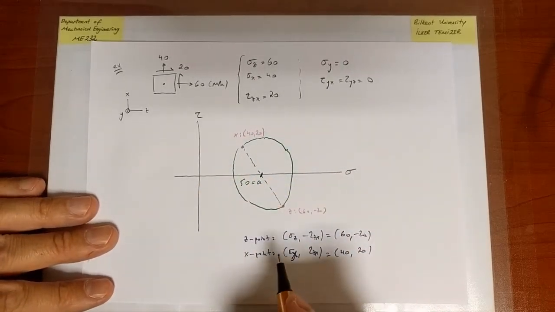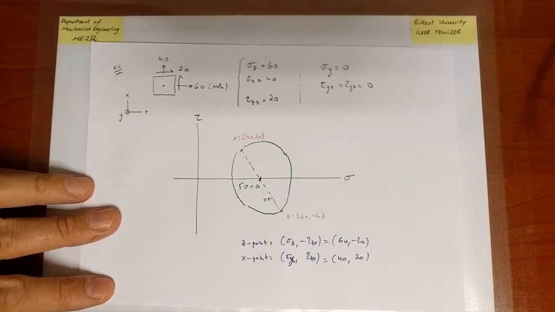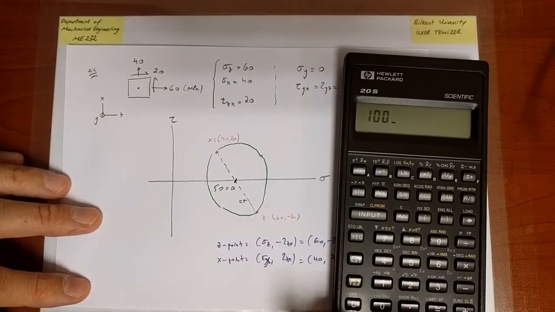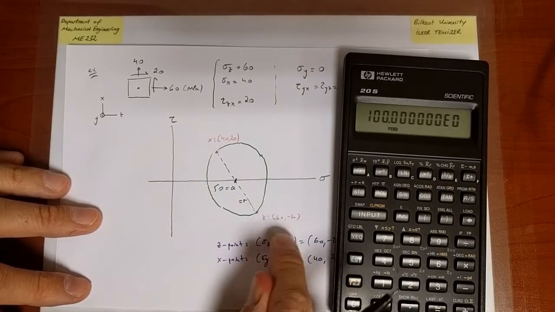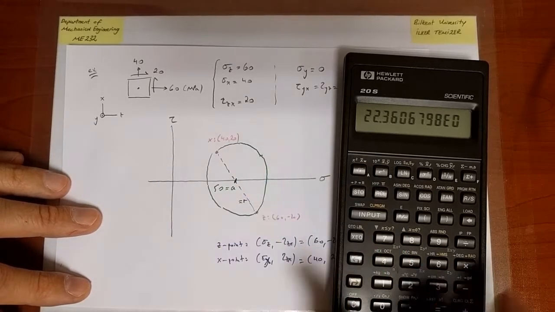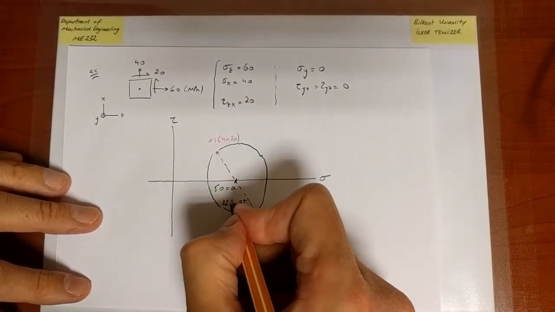Okay, that's easy to determine. The radius is equal to, let's calculate that very quickly. That's 60 minus 50, so that is 10 squared, 10 squared is 100, and then there is 20 squared, 400, square root of 500, 22.36. Okay, so let's take that to be 22.4 roughly.